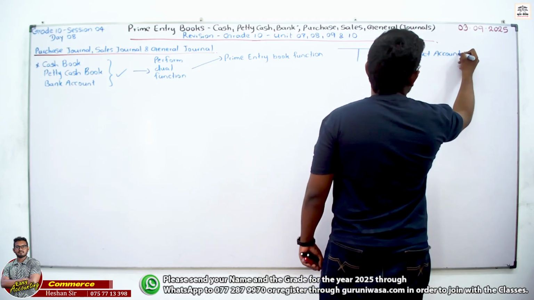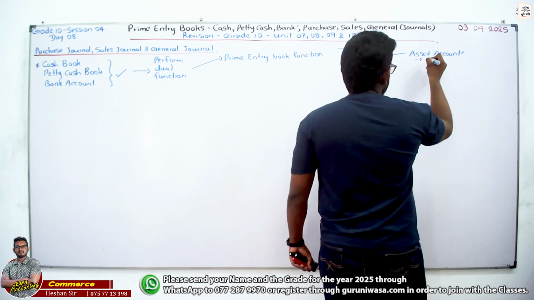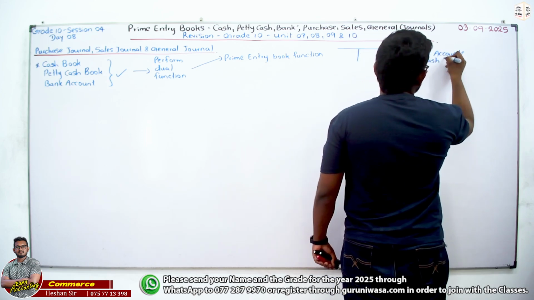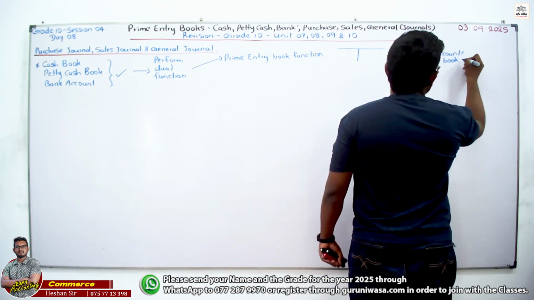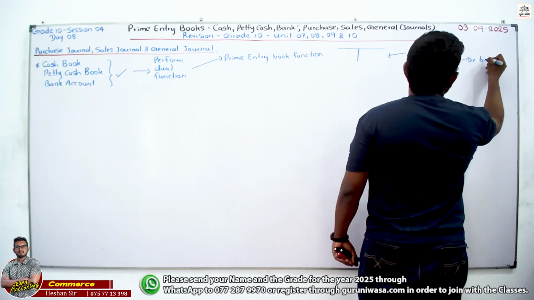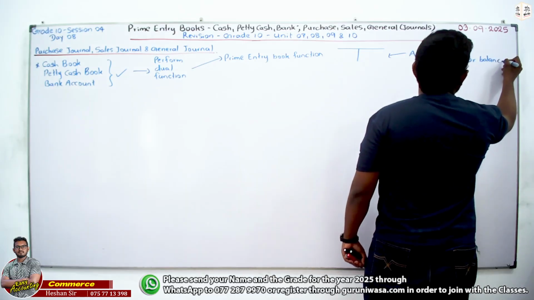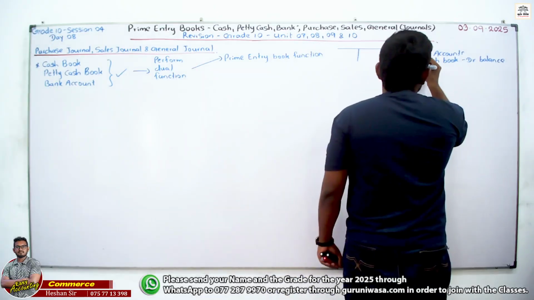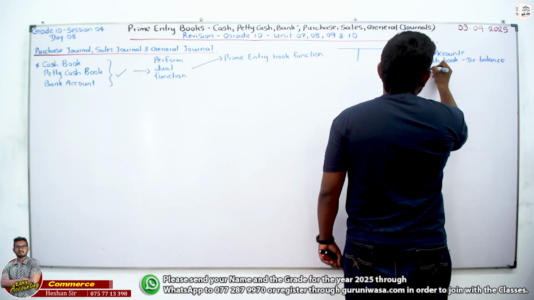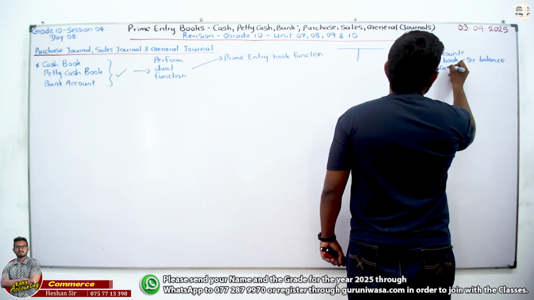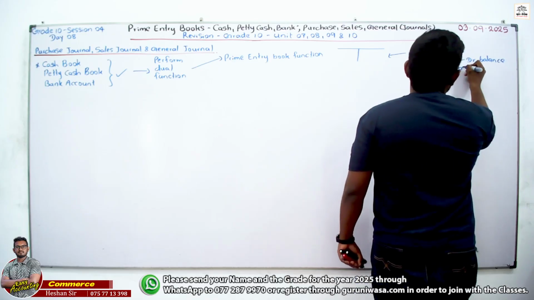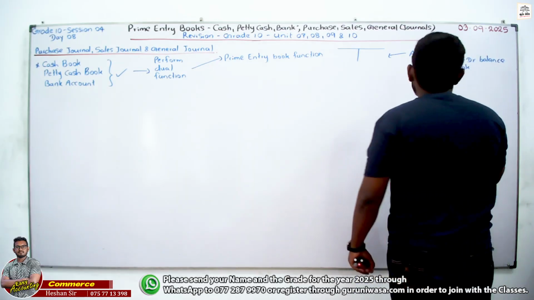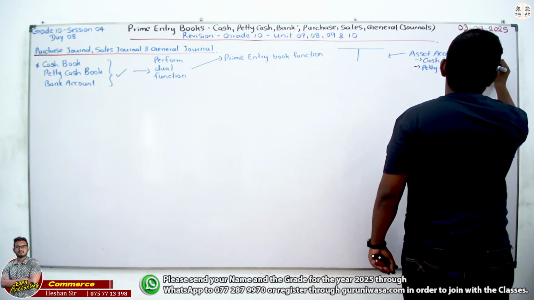The full mind map, right? Hope you can remember, cash book is always having a debit balance. Then petty cash book, also always having a debit balance.